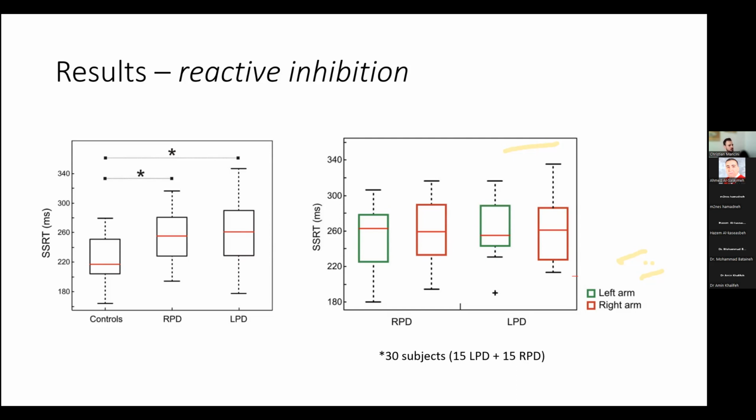Both groups did the stop signal task using the right hand, and then again using the left hand. So it was a little bit more complex procedure, but as you can see, there is no significant effect, and more or less they all hover around 260 milliseconds stop signal reaction time. So there is no effect of hand, which says to us that there is no difference, even if you include the factor of arm.